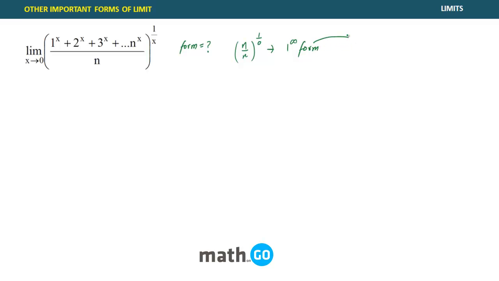And immediately, if you get to this particular concept, your mind should start working on something of this sort. You should now start thinking on how to form this particular thing. There is already 1 by x. I need to express the base into 1 plus x form. For doing this, there is no problem. I guess this is the most generic way which I can teach: add and subtract 1.